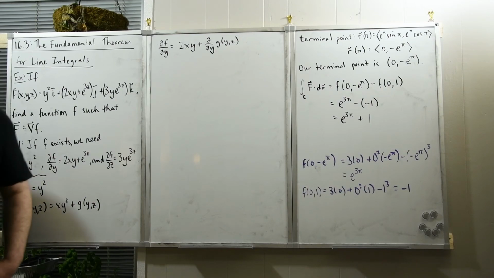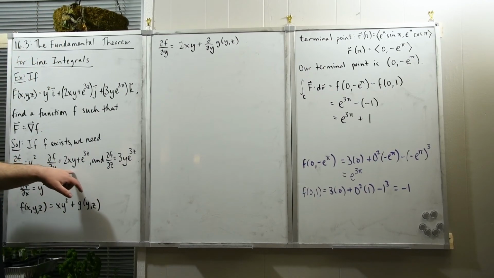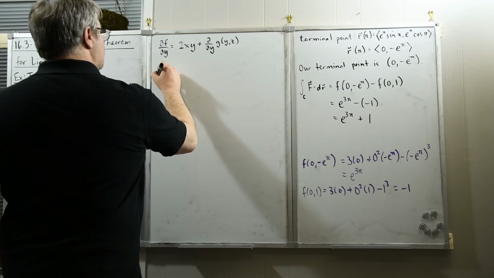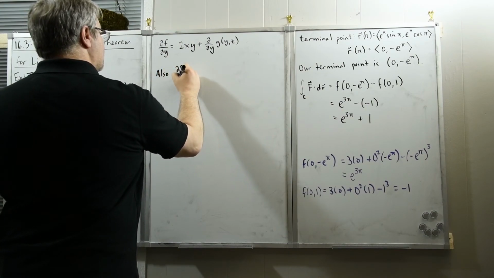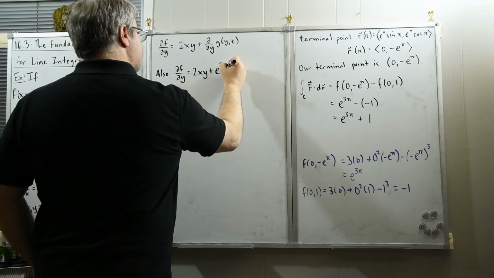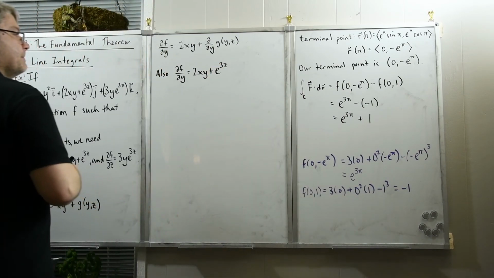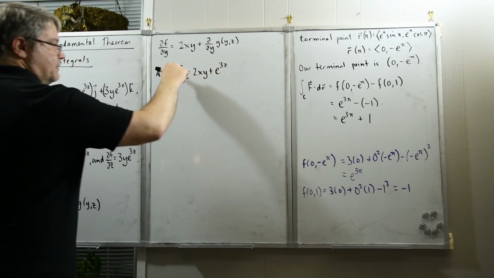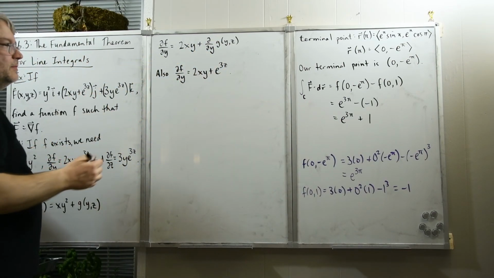Now, we know that this is also supposed to equal 2xy plus e to the 3z. And so if both of these expressions are equal to partial f with respect to y, we can set them equal to each other.